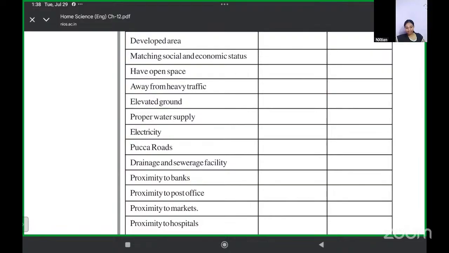Wait, does living on the ground floor count as elevated ground? Apartments are on elevated ground. Ground floor is also elevated.